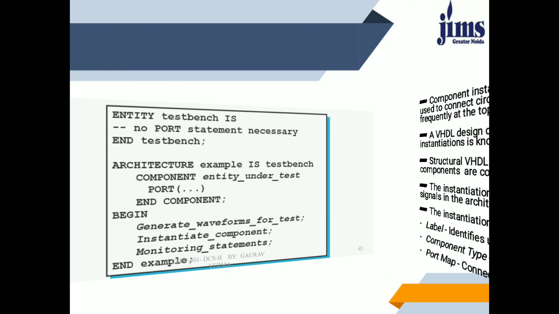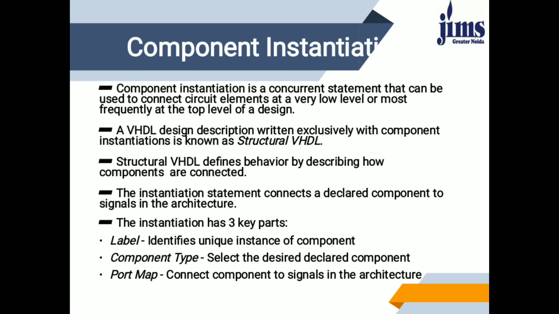Now we will move on to the other topic, component instantiation. What are component instantiation and component declaration? Both are correlated to each other. We need to declare the component as well as instantiate it.